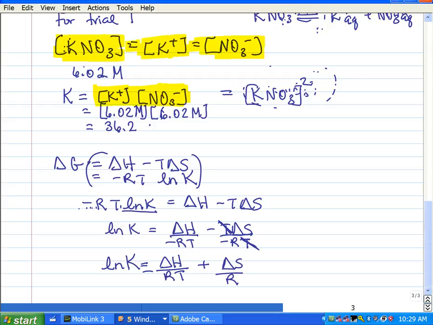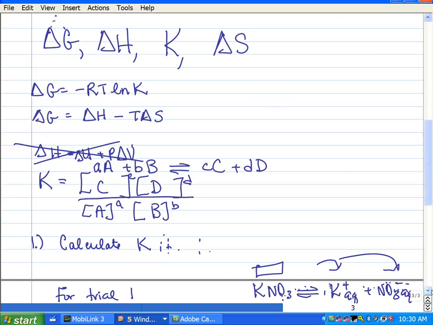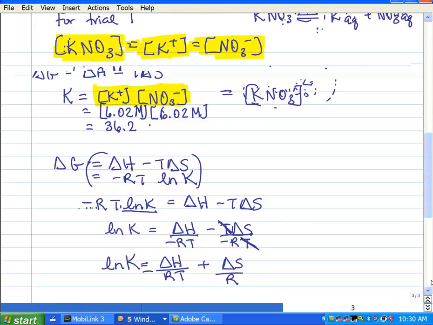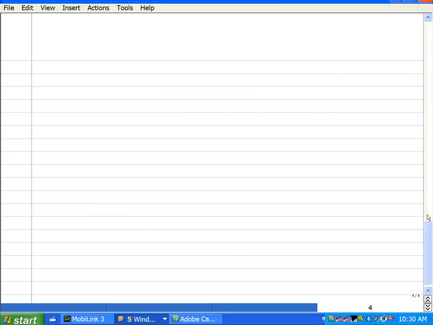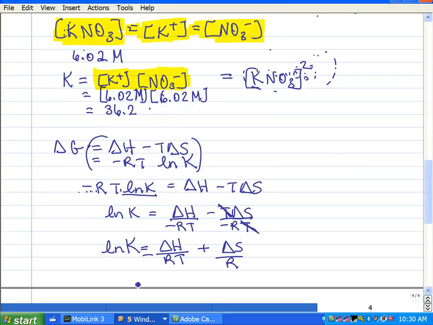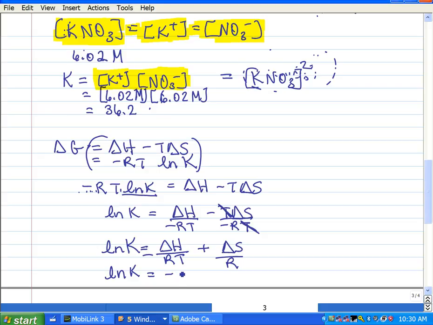Let me erase this and go to the next page. Natural log of K is equal to negative delta H divided by R times 1 over T, plus delta S over R.